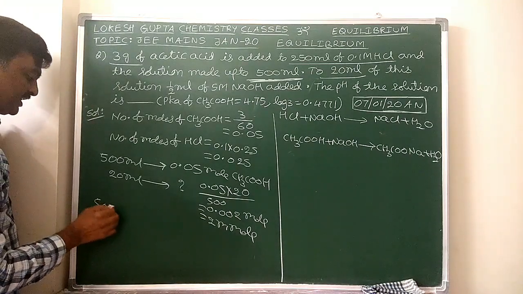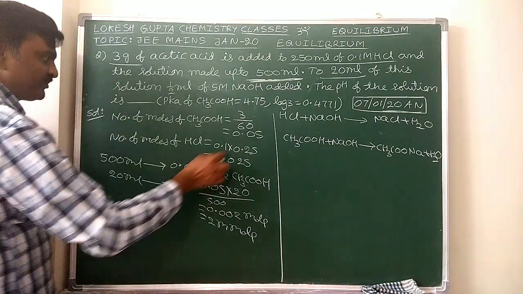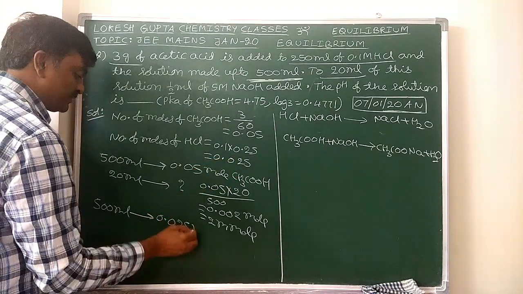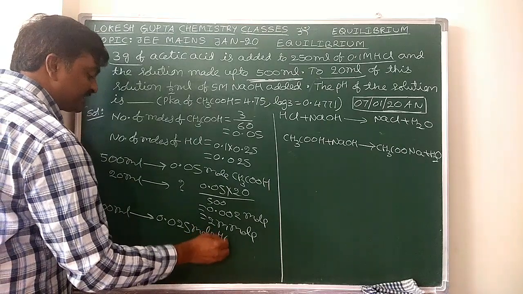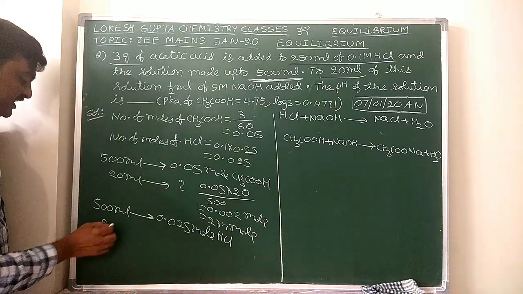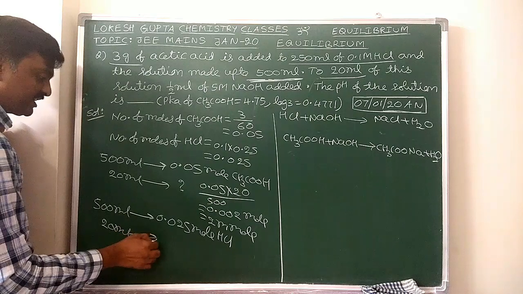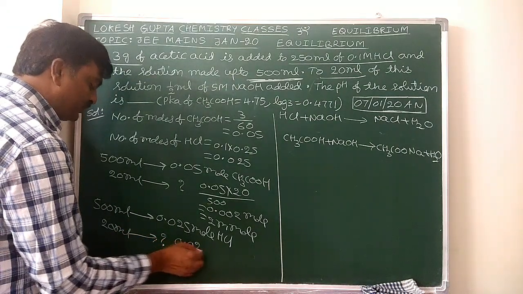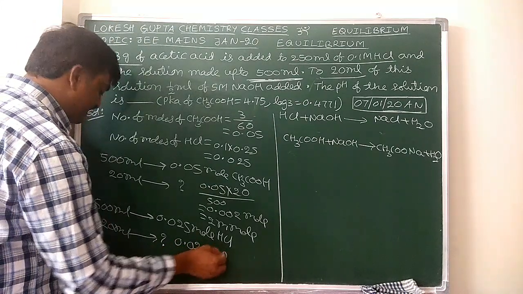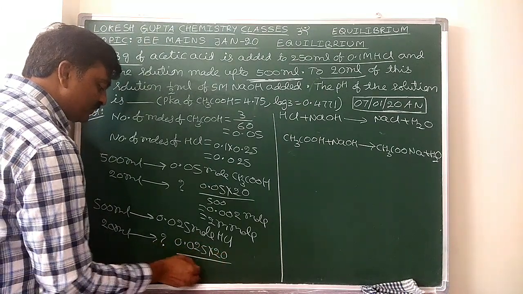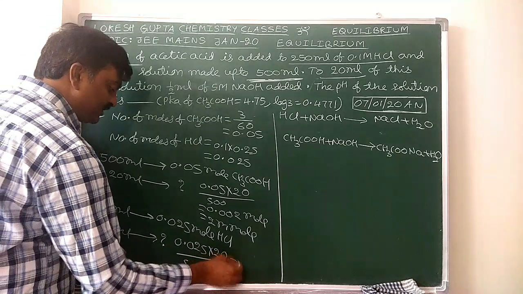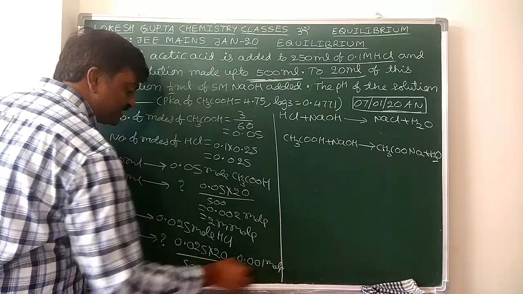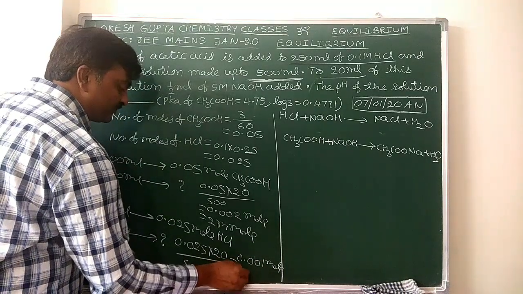Next, in this 20 ml, how many moles of HCl are present? In 500 ml, 0.025 moles HCl is present. Now in 20 ml, how much HCl is present? 0.025 into 20 by 500, which is equal to 0.001 mole, equal to 1 millimole.